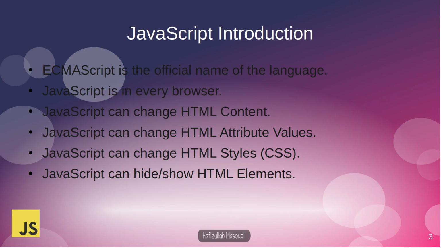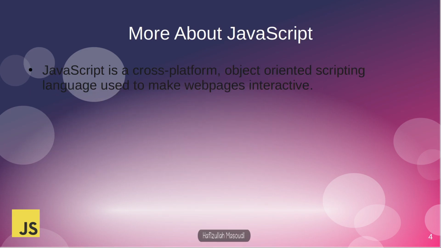So in here you can see, first of all you have to learn HTML and CSS, and then you have to learn JavaScript. So JavaScript is a cross-platform object-oriented scripting language used to make web pages interactive.